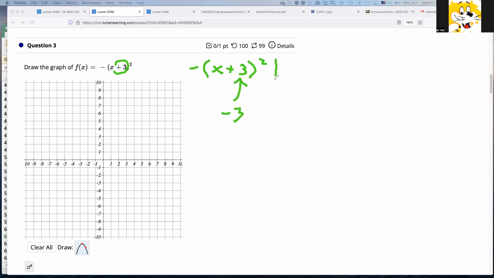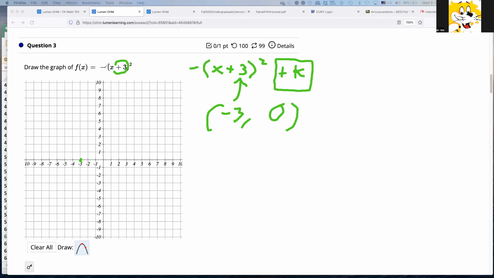What is my k value outside? Look at it outside. This is k. This is 0. So my vertex here is -3, 0 to be exact. So I go here, -3, 0.